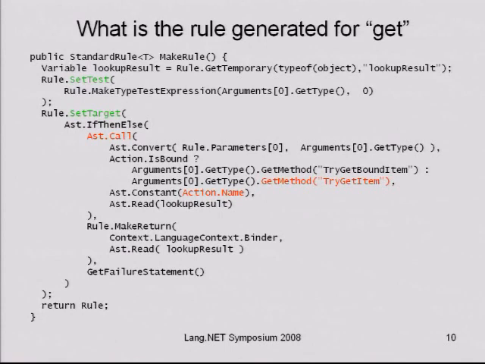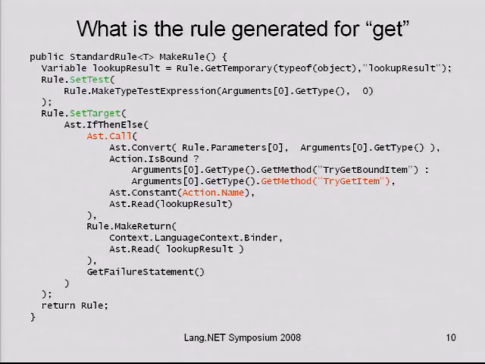Now if we take the then clause, then the looked up value of X is returned in the temporary. If we take the else clause, then we call get failure statement, which in turn will return undefined, which is JavaScript behavior. Okay? So this is the rule that we return to the DLR.